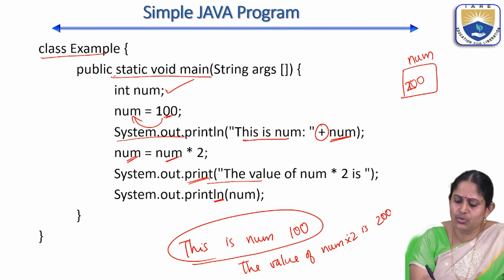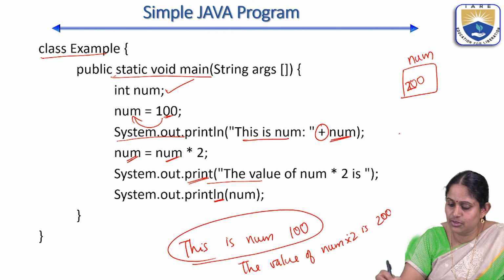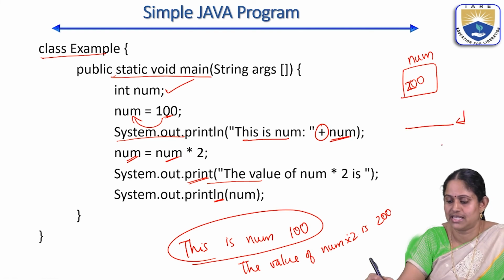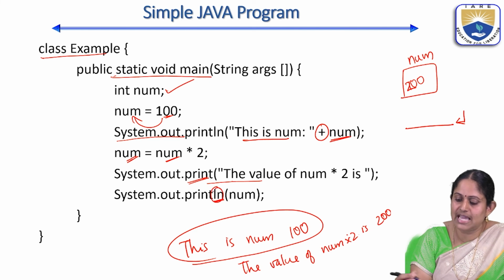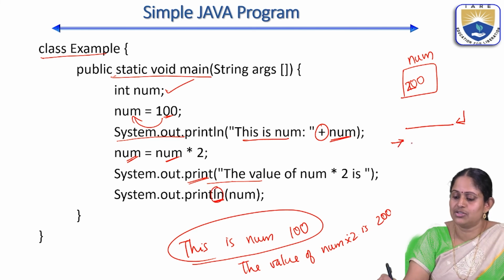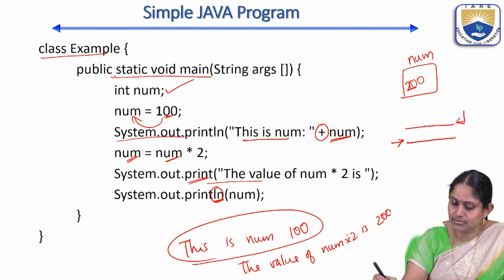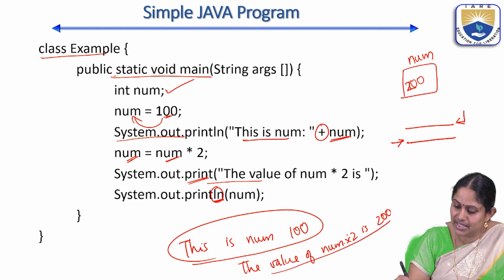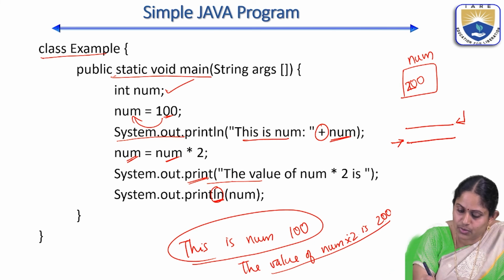What does print do? Print will print that statement, and once you print it, the control will stay there itself. It will not go to the next line. But when you use ln, after printing the statement, the control will move to the next line. That is why we are getting "the value of num star 2 is 200" in a single line, because we are using print here.